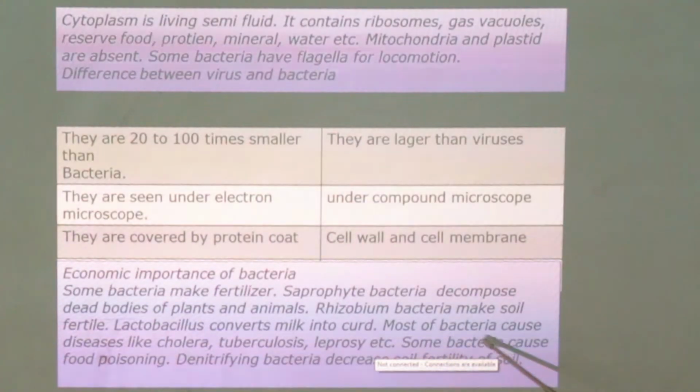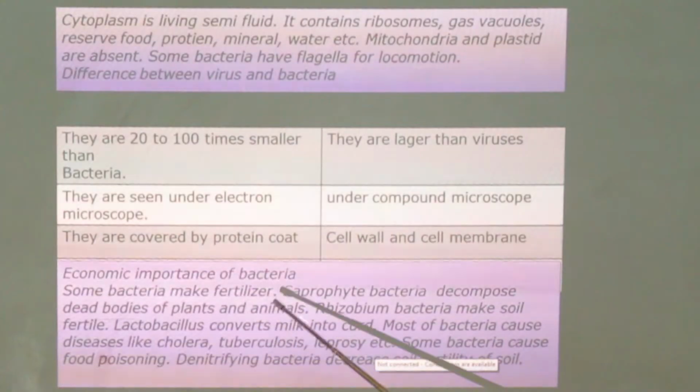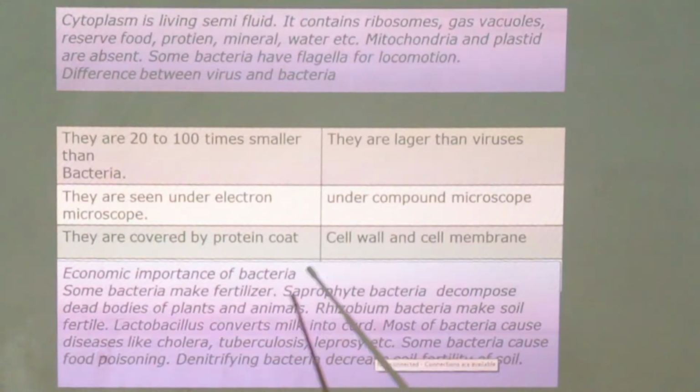Most of the bacteria cause diseases like cholera, tuberculosis, leprosy, etc. Some bacteria cause food poisoning. Denitrifying bacteria decrease the fertility of the soil. So in this way, bacteria have both positive and negative impacts on the environment.